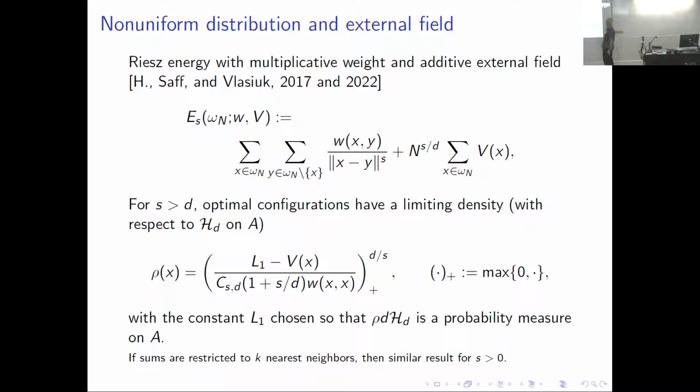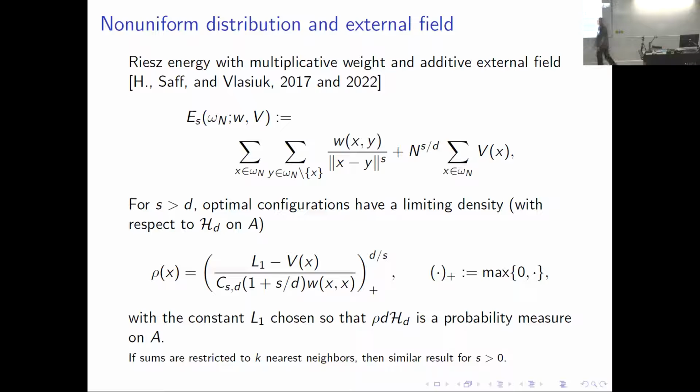Then in the limit, you've got a formula. This L1 is a little annoying. It's kind of like filling a bathtub up: you have to pick this constant so that this thing is a probability measure.